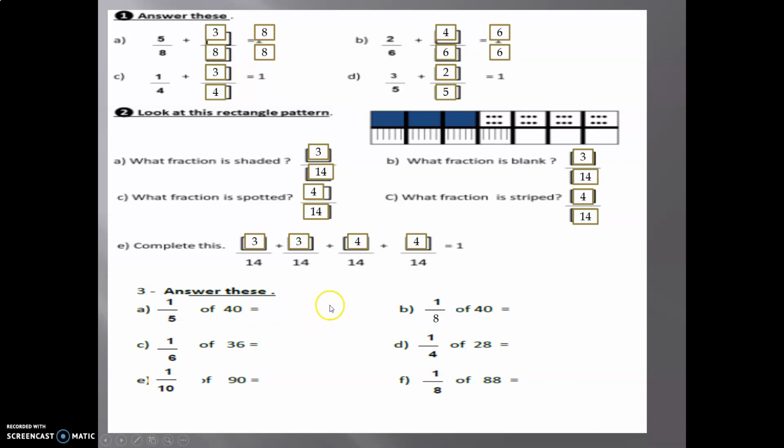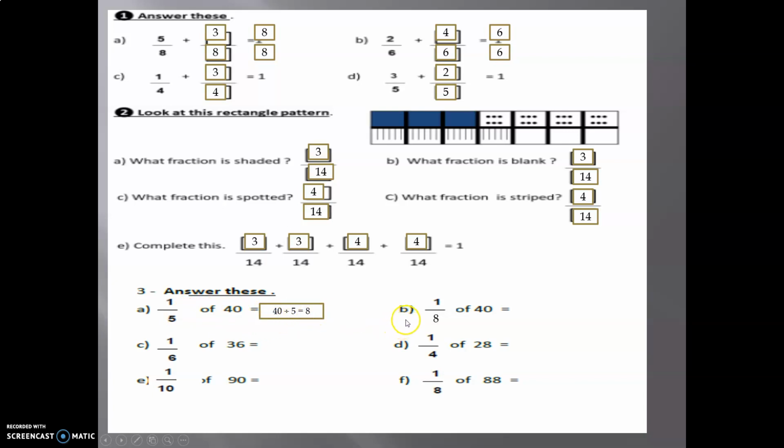Instead of drawing and cutting by lines into equal parts, we ask ourselves how many equal parts. They should be 5 because the denominator is 5. If you divide 40 by 5, it will give you the 1/5. So 40 divided by 5 equals 8, because 8 multiplied by 5 gives you 40. So 1/5 of 40 is 8.